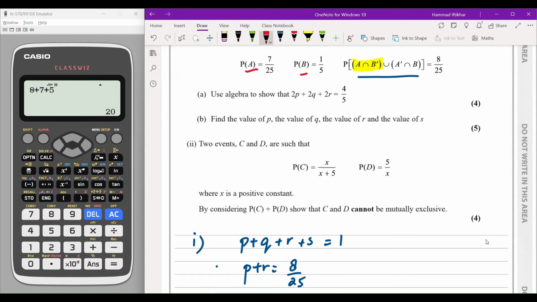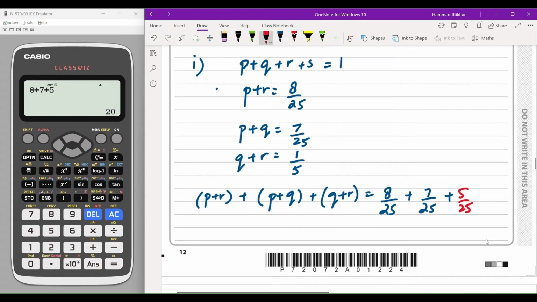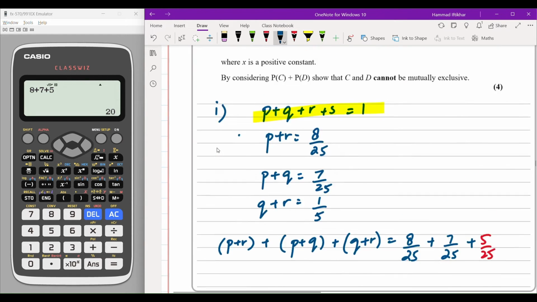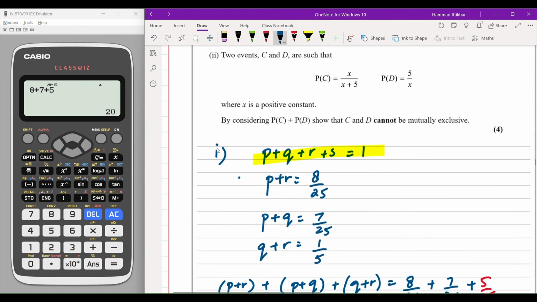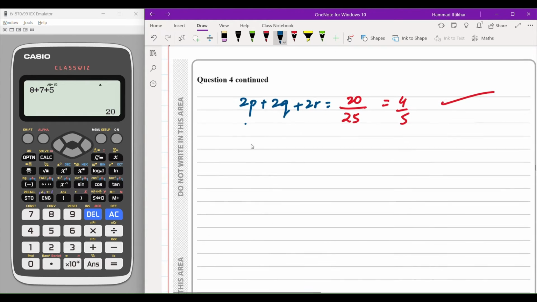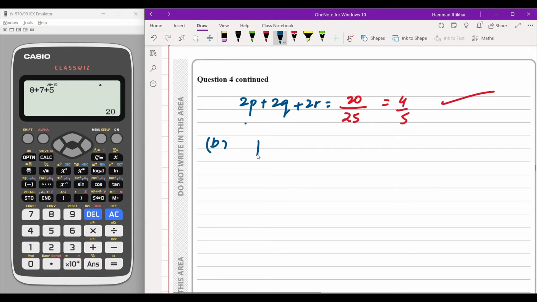Okay, find the value of P, the value of Q, the value of R, and the value of S. Okay, so over here we are going to use this also, because now we know what P plus Q plus R is. Okay, so this was part A, sorry. Now part B is that P plus Q plus R is actually equal to 2 over 5 by simply dividing this equation by 2.